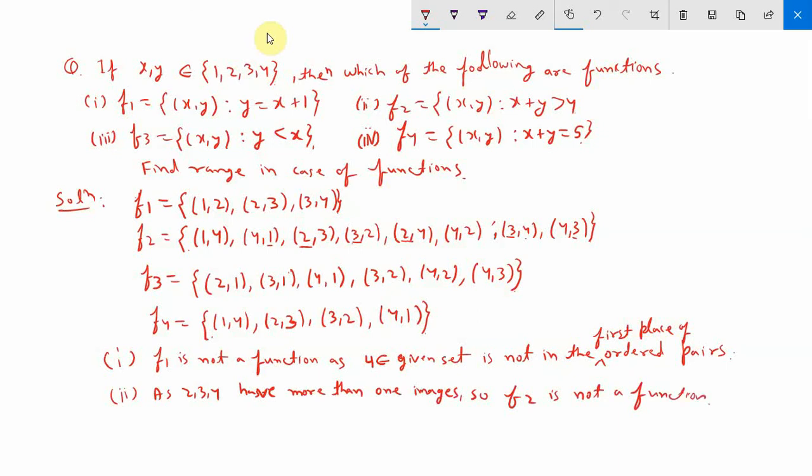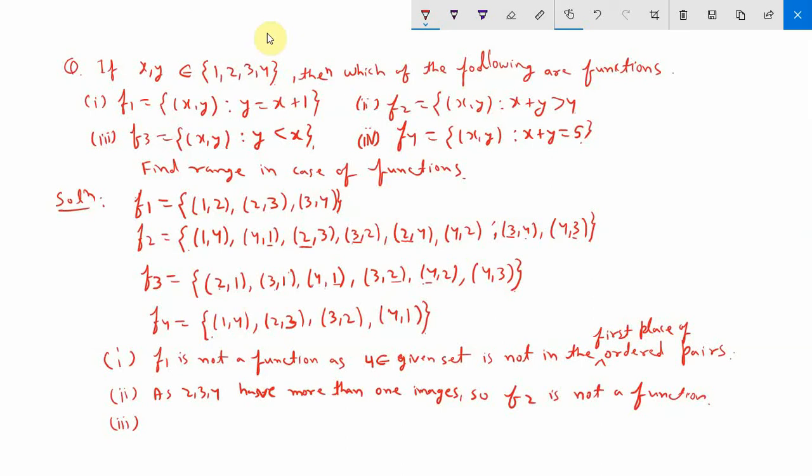Okay, next we will see third one, F3. First we will check whether all elements are covered in set A. 2 is covered, 3 is covered, 4 is covered, but 1 does not have any image. Even if we see 4, 4 has more than one image: 4, 1, 4, 2, and 4, 3.